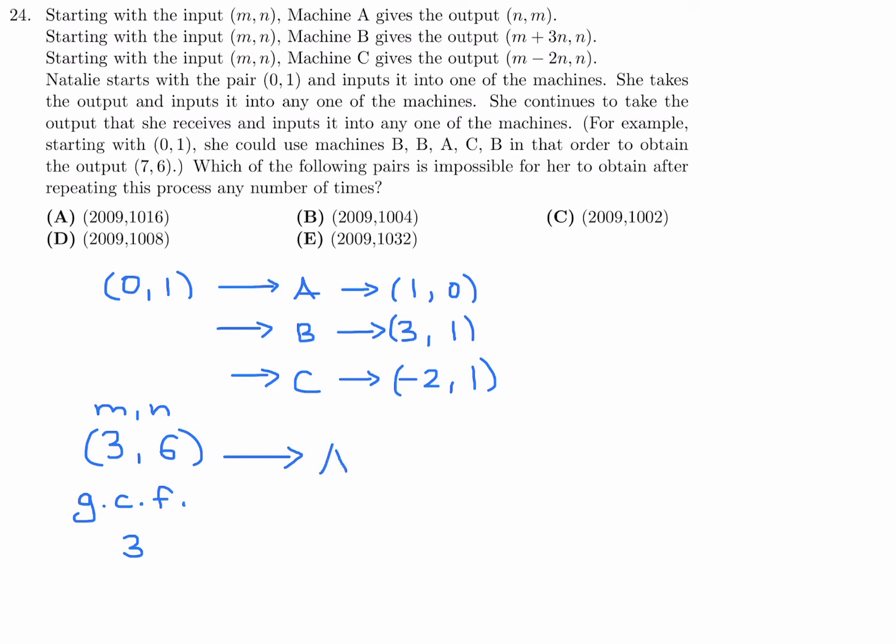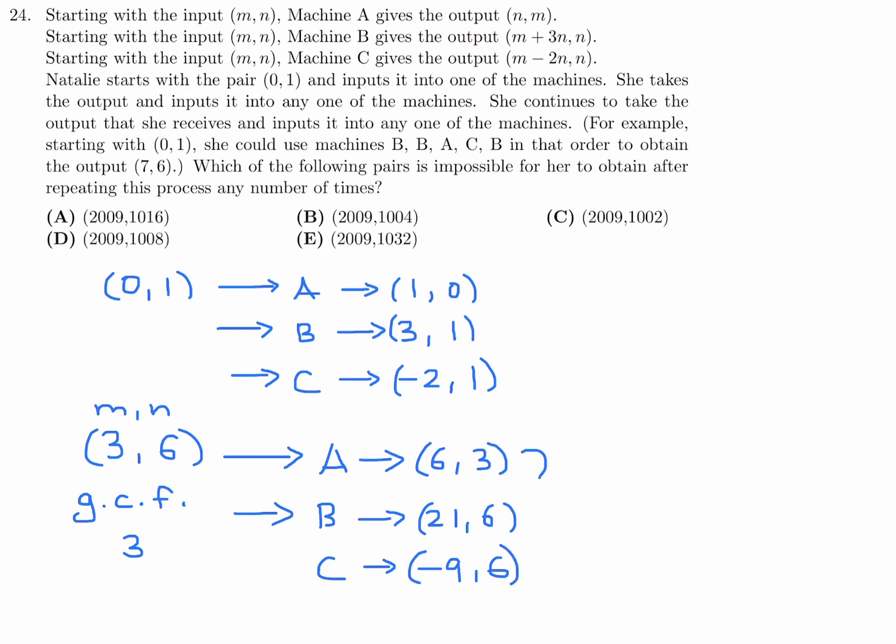So let's first figure out the outputs. A is just going to be (6, 3), which is pretty obvious. But what about machine B? That gives me (21, 6). And if I go through C, it gives me (-9, 6).